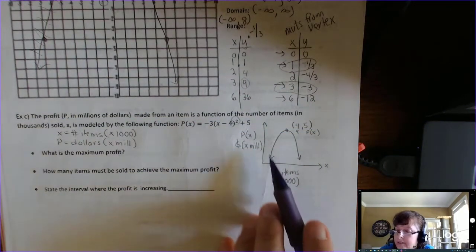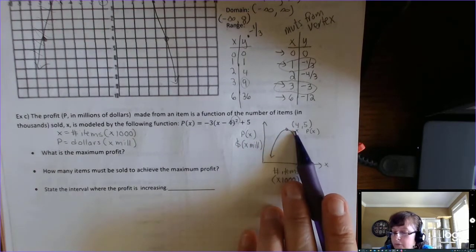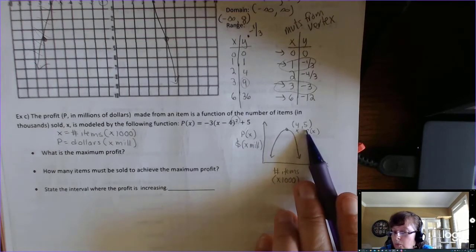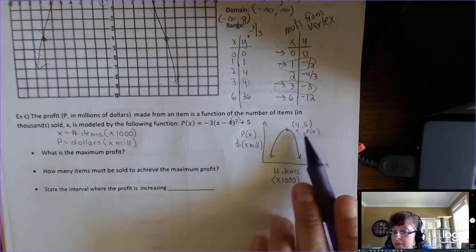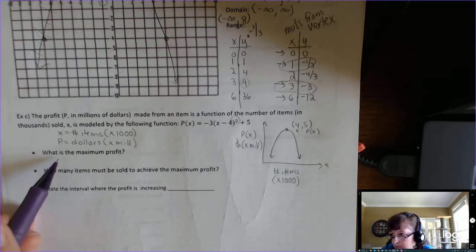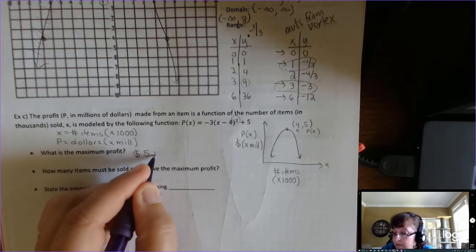So what this is saying is that when x is 4,000 items, P of x is $5 million. So now we can answer the question, what is the maximum profit? $5 million.